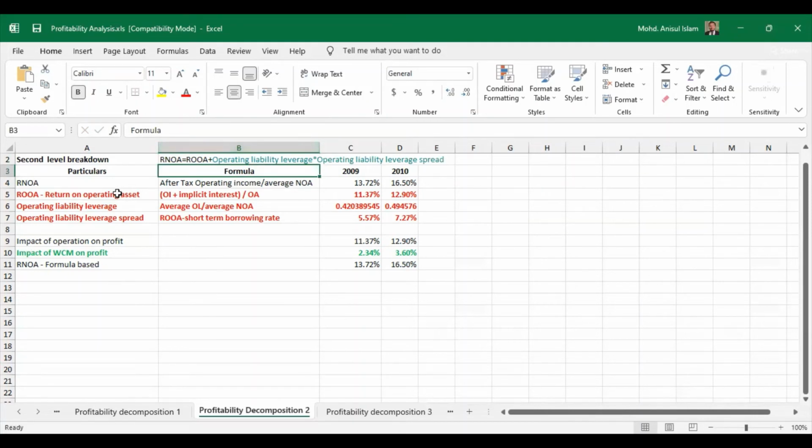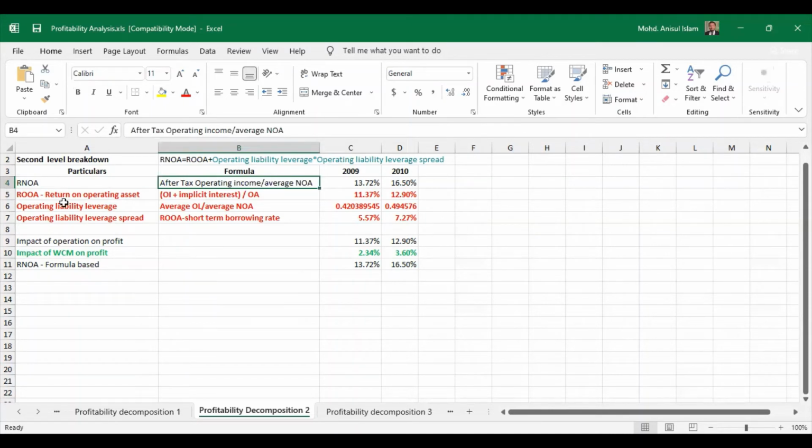Okay, so you can recall the definition of operating income, which has been used here for measuring the return on net operating asset. So we took the reported operating income and made some adjustment for operating items which are not accounted for in operating income.